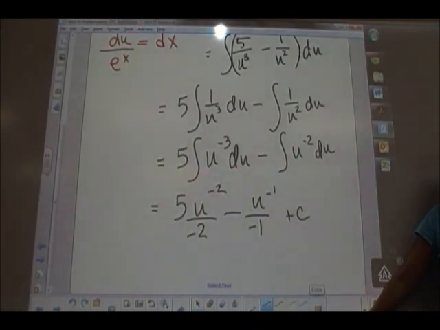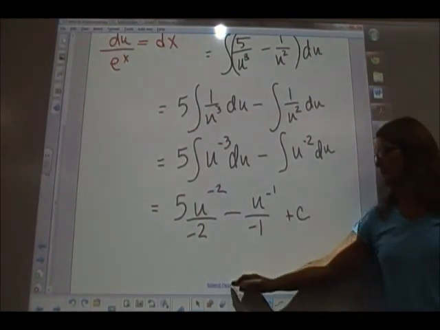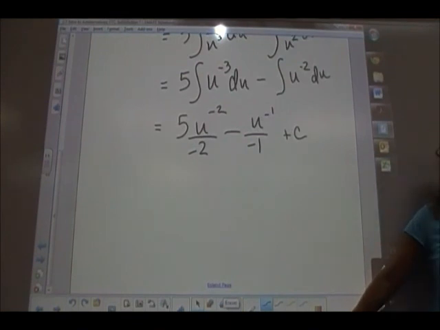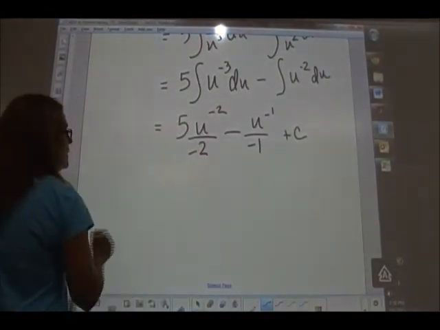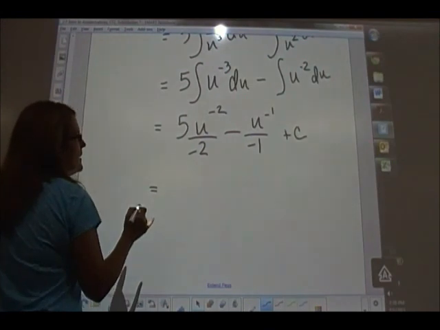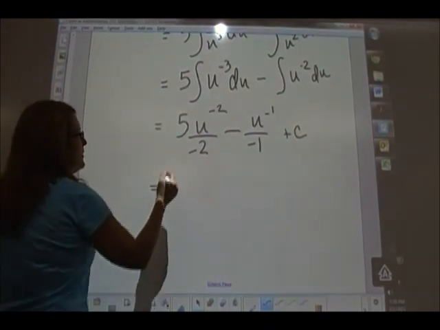Do we need to substitute back into the u? Absolutely. If you start with x's, you got to end with x's. What did you let u be, e to the x? Okay, so let me clean this up a little bit first.